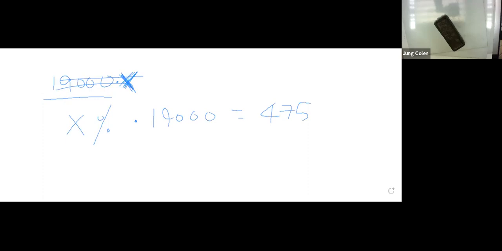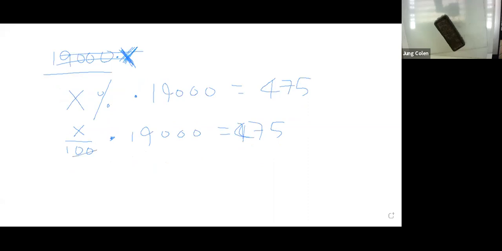X is in percent, so if we change that to an actual number, it's going to be X over 100, isn't it? Times 19,000 is equal to 475. So what happens here? You can divide both by 100, and I have 190 X is equal to 475.